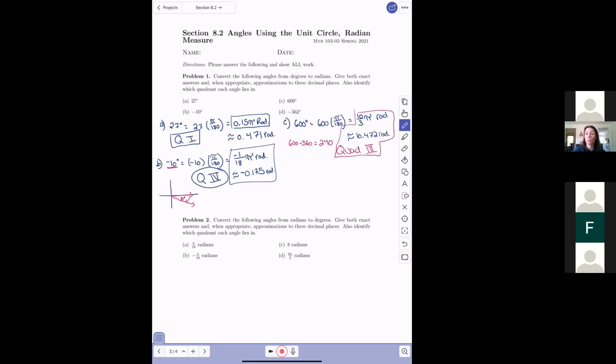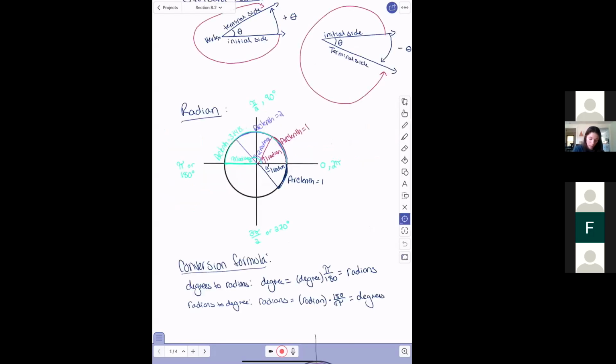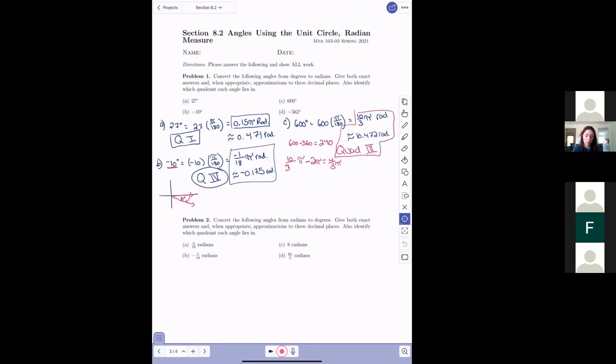You could also do it with the radian measures. If we have 10 divided by 3 pi, if I subtract 2 pi from this, you end up with 4 over 3 pi. 4 over 3 pi is between pi and 3 over 2 pi. So it's in here. So we're in quadrant 3. Any questions there?